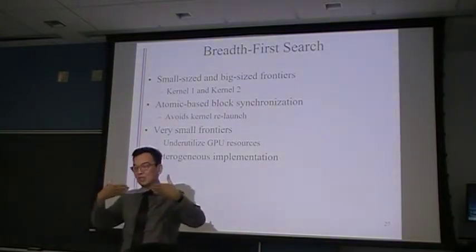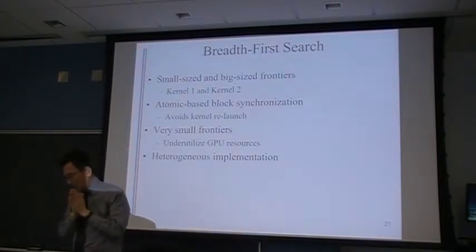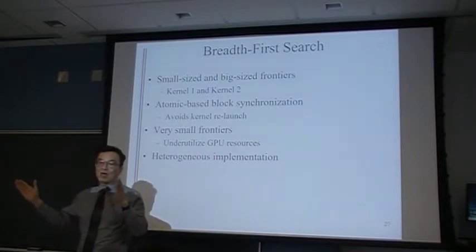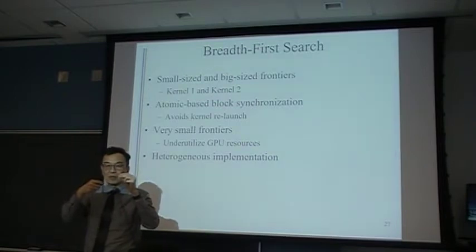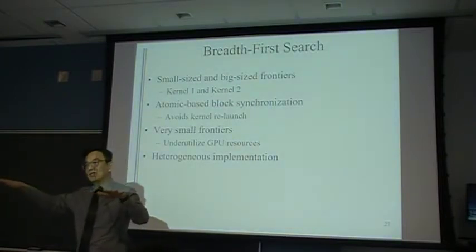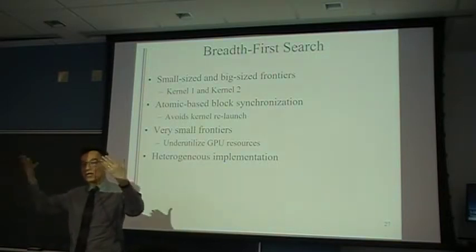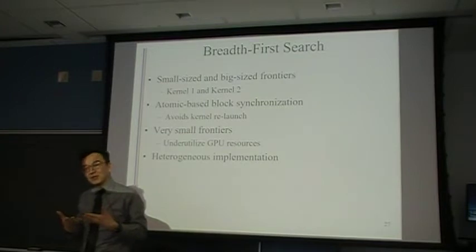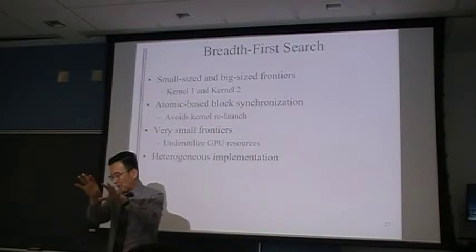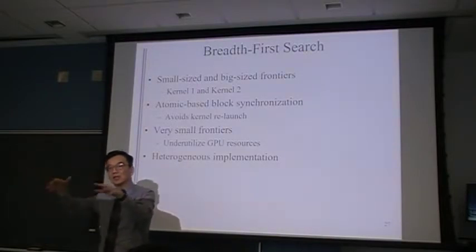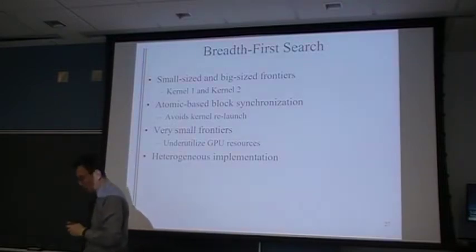Essentially, at the end of every iteration, or at the end of the creation of the next frontier, you do a barrier synchronization and make sure that all the threads have indeed finished generating the next frontier and it's clean. Then you release everyone from the barrier so that they can all go and pick up the frontier nodes and start to generate the next frontier. So this is what we're going to talk about now.